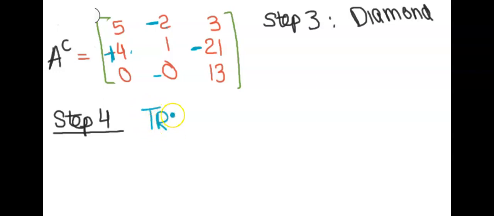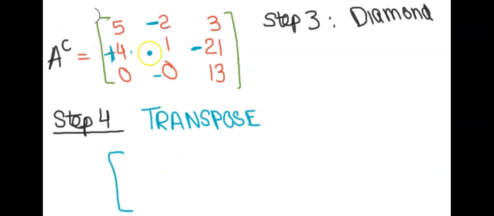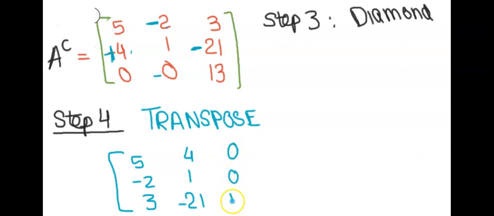So step 4 is you transpose. What is transpose? You change the rows to columns. So this 5, minus 2, 3. You write 5, minus 2, 3. 4, 1, 21. Negative 21. 0, 0, 13. 0, minus 0, 13.